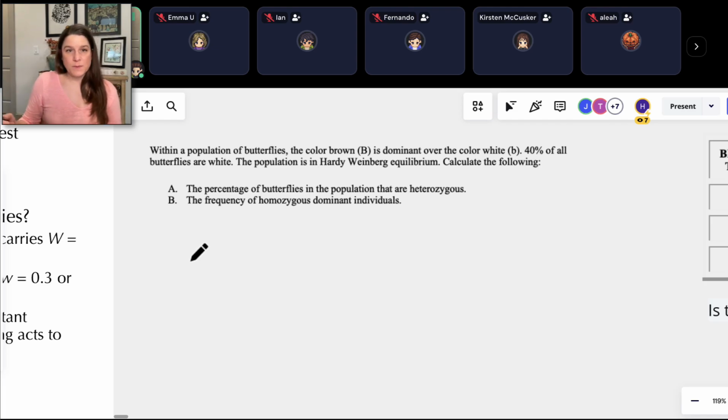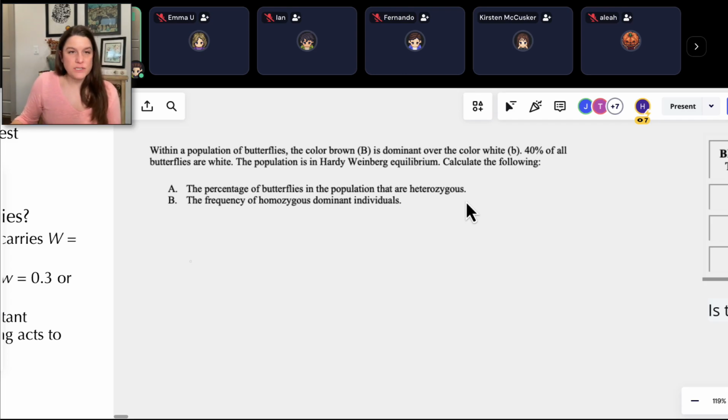Then they tell us 40% of all the butterflies are white, the population is in Hardy-Weinberg equilibrium, and you want to find the percentage of butterflies in the population that are heterozygous. I'd most likely just say frequency, you just don't move the decimal.